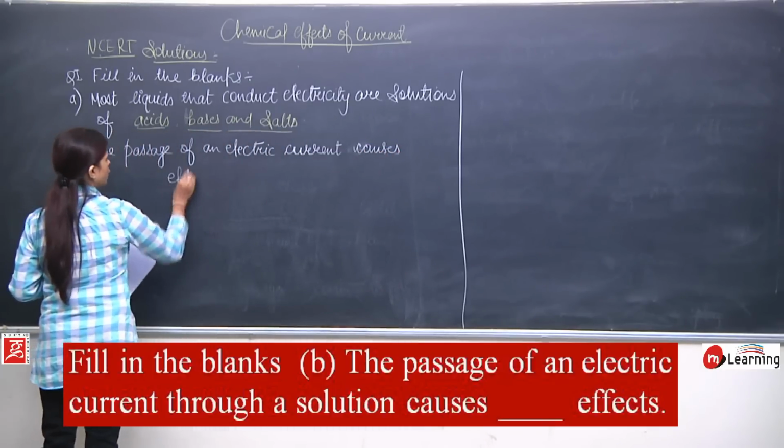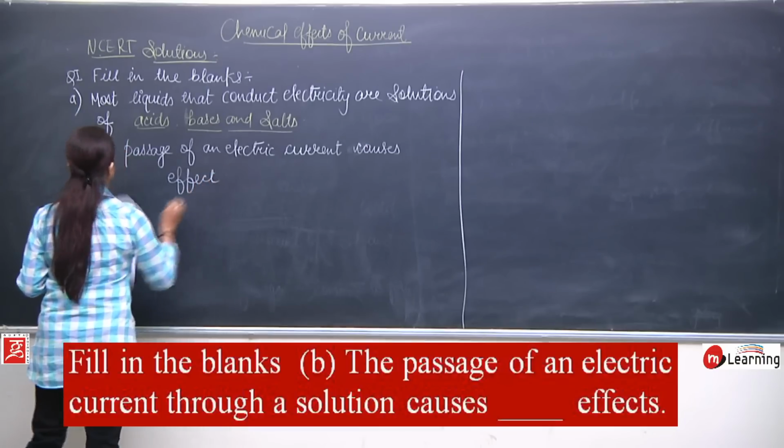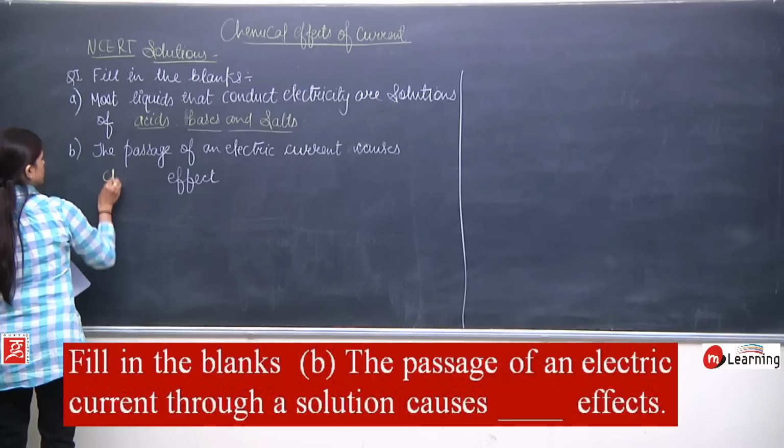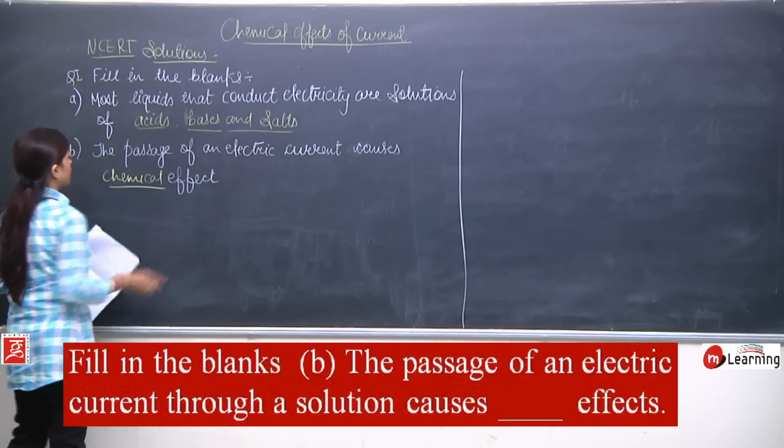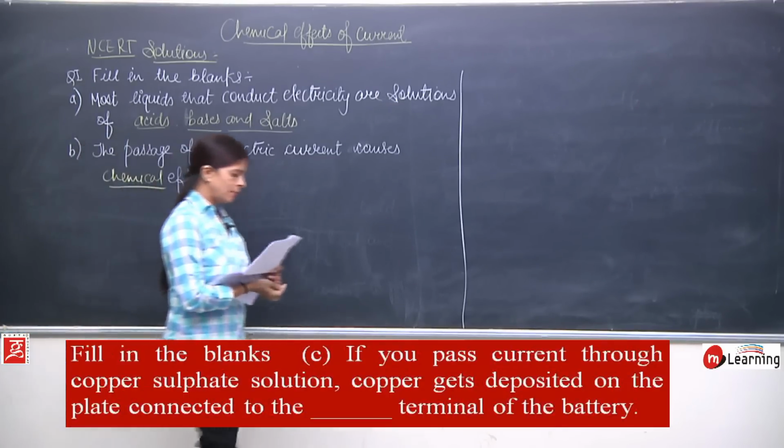Which effect is formed? Chemical effect is formed. Okay, now come to the third one.